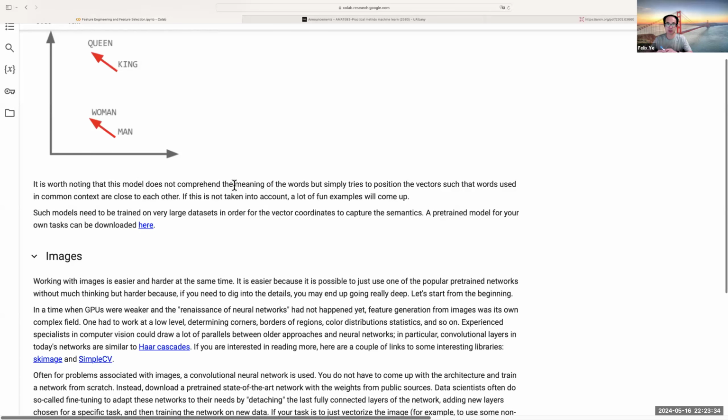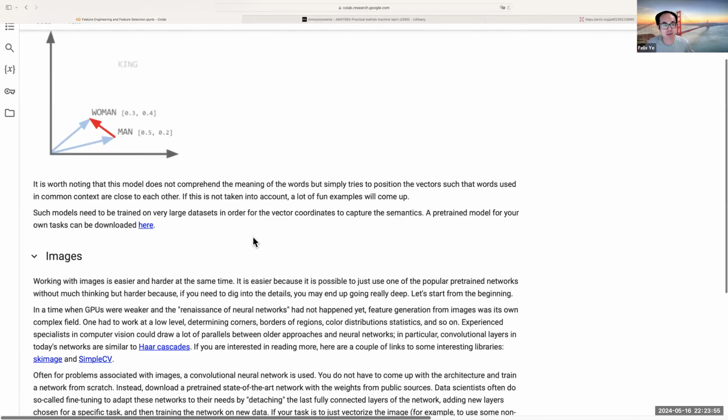Sometimes you will, sometimes you don't. But a way of thinking is that we're trying to cluster words that have similar meanings together. It's more like clustering.